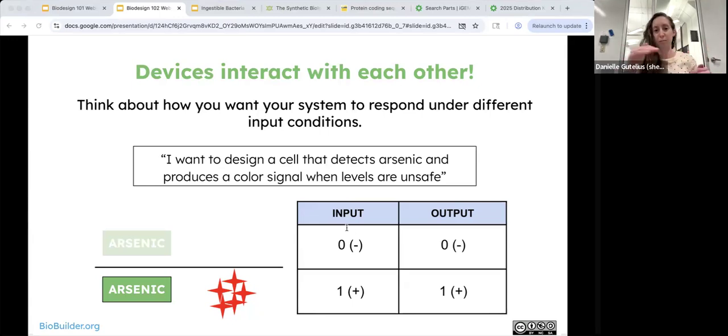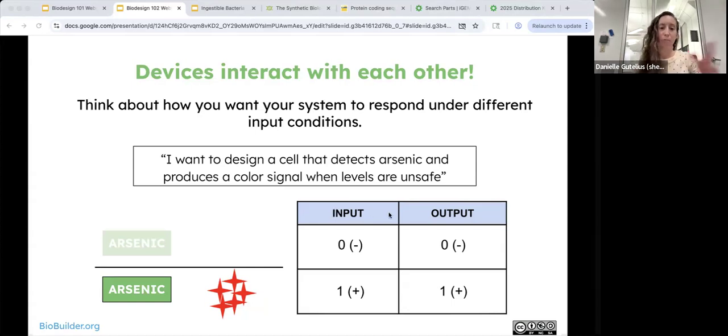Maybe you want to set a threshold where if it's below this amount, that's okay. If it's between these two, you need to watch out. Or if it's above this, that's very, very high. Definitely don't drink, right? Or you might want your sensor to be able to detect another common water contaminant that people might want to watch out for. These are all possibilities.